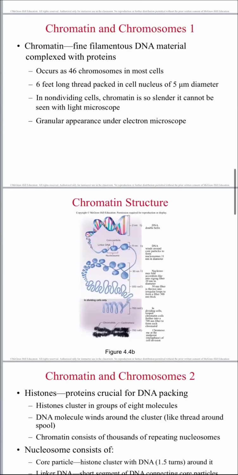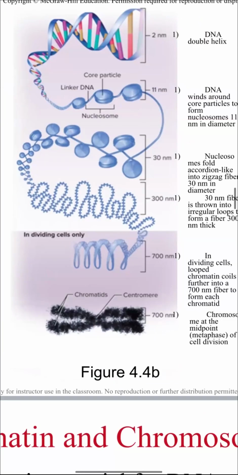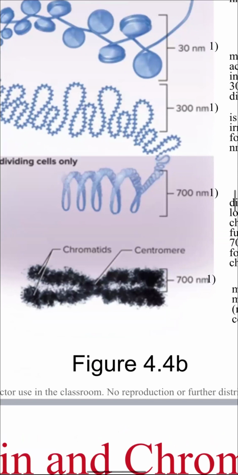Now, this is actually a good picture of just what chromatin and chromatids are and what a chromosome is, especially way down here, right? Whenever you see what looks like an X, that means that chromosome has undergone replication already. We've duplicated the number of chromosomes.